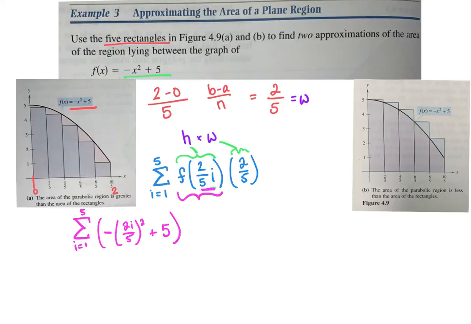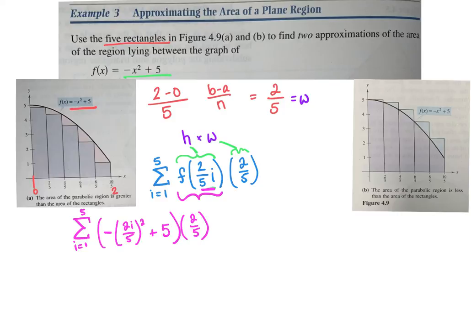That's my height, right? And my width here is 2/5. Now, keep in mind that 2/5 can actually come out, right? And so sometimes they'll pull it out. They'll do the summation first and then they'll pull it out.